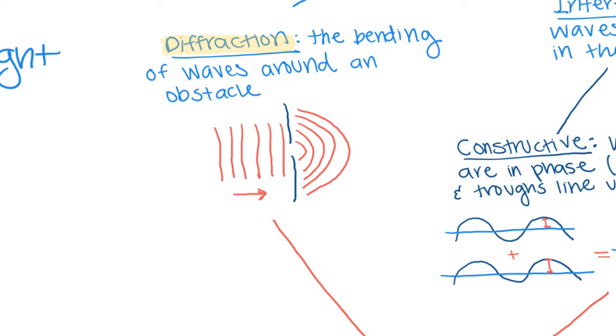So if you were to shine a light through this narrow little slit here, you would actually start to see the light bend. We'll go through an example of how this diffraction and this property of light is used in just a moment. But we see this in ocean waves all the time, right? If you've ever been to the coast, we have these curved coastlines. Here's our ocean.